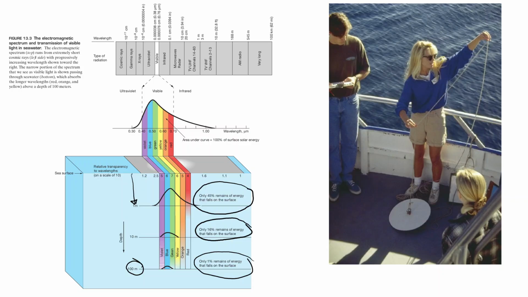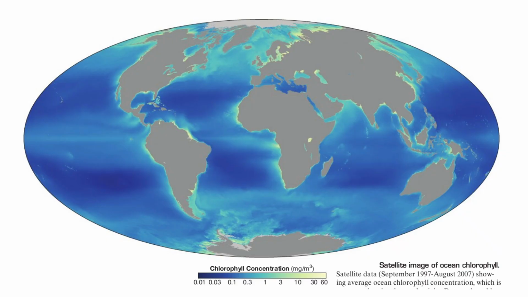The Secchi disk is lowered in the water, and then scientists can measure the transparency there. So this flat disk that you are seeing over here is called the Secchi disk. All right.